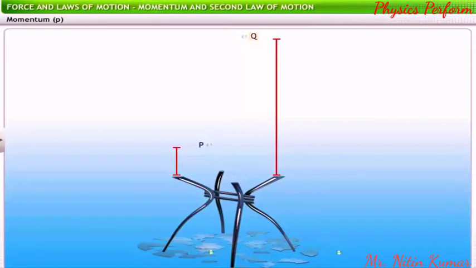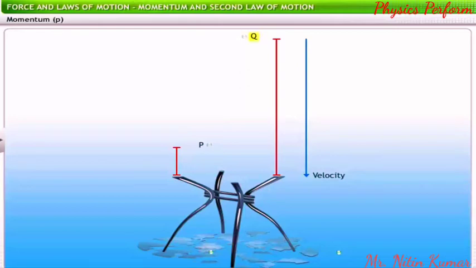Why was the glass pane shattered by the marble Q and not by the marble P, even though the mass of both the marbles is the same? As the height from which an object is dropped increases, the velocity with which it strikes the ground or any other reference level also increases.